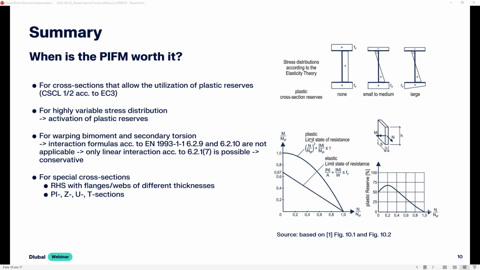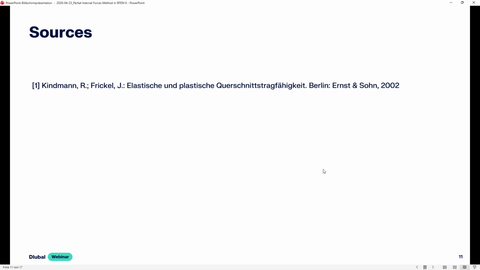And I think this area here should definitely be used to provide an economical design. So yeah, PIFM is definitely worth it in many cases. And yeah, I hope that I could show you that it can lead to a better, or let's say a lower utilization in many cases.